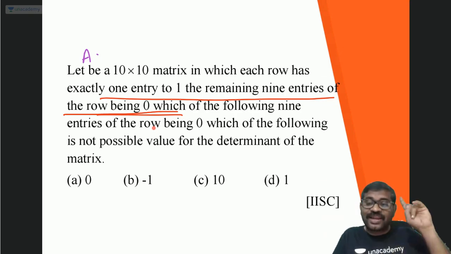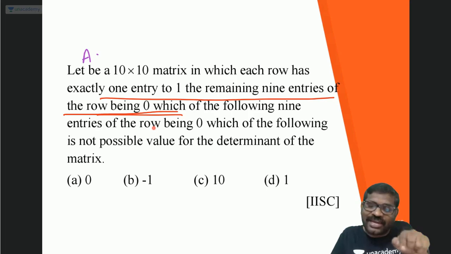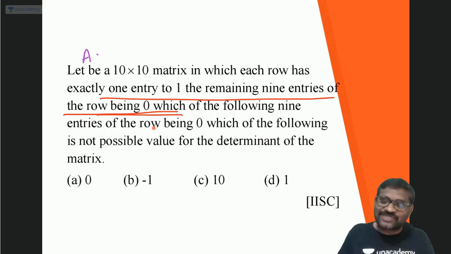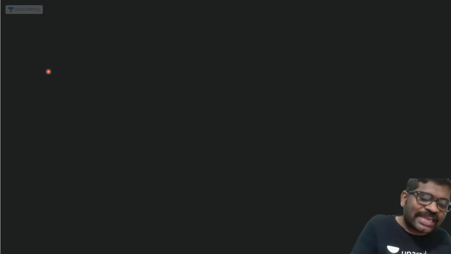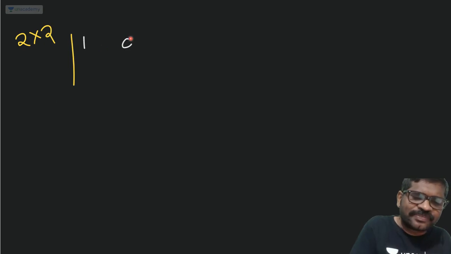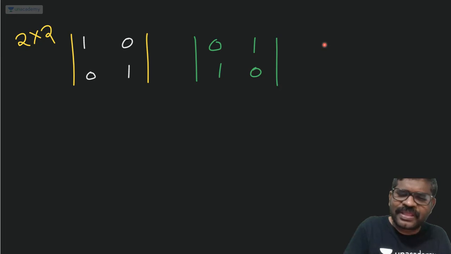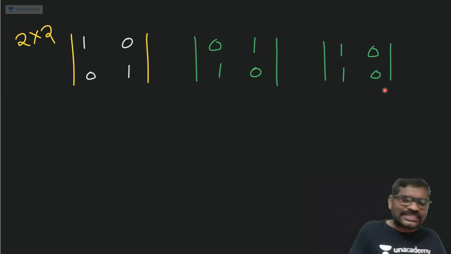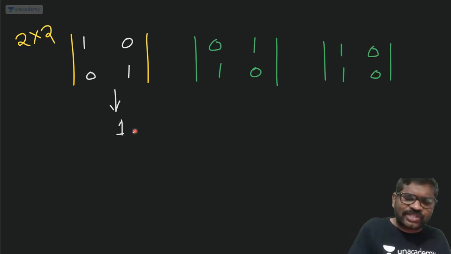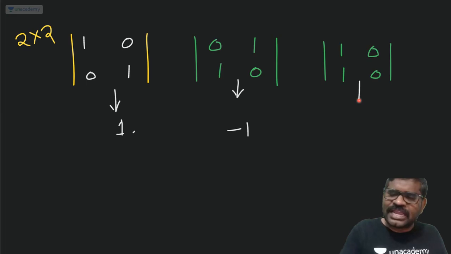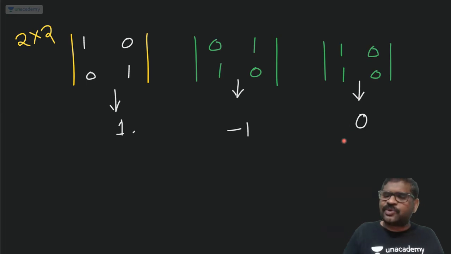There not only rows but also columns. Here only for rows. That's why you can arrange like this. If you take 2 cross 2, you can arrange 1 0 0 1, 0 1 1 0, 1 0 1 0. In this case, determinant value is 1. In this case, determinant value is -1. In this case, determinant value is 0.